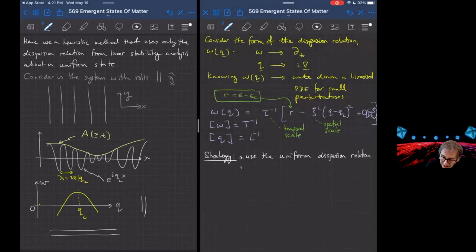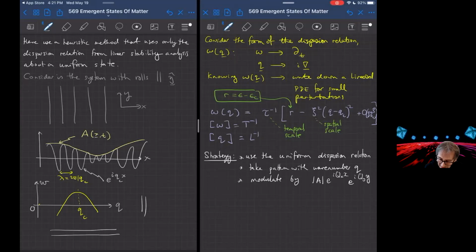But what we're going to do is take the pattern with wave number q and modulate it by multiplying by the amplitude times a wave e to the I qx x times e to the I qy y.